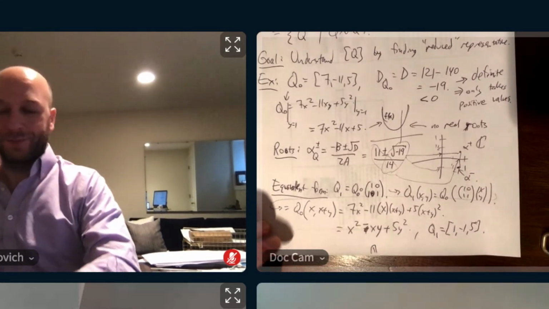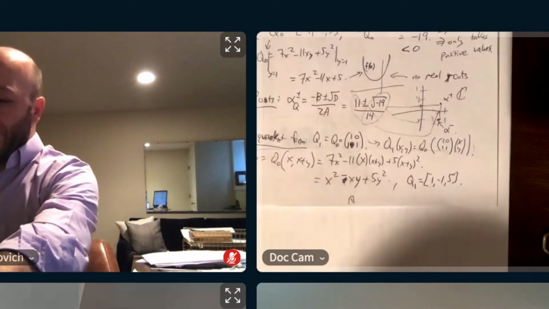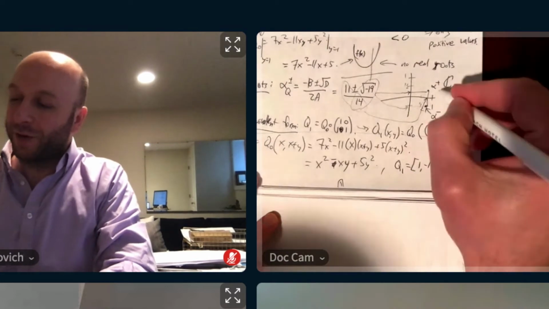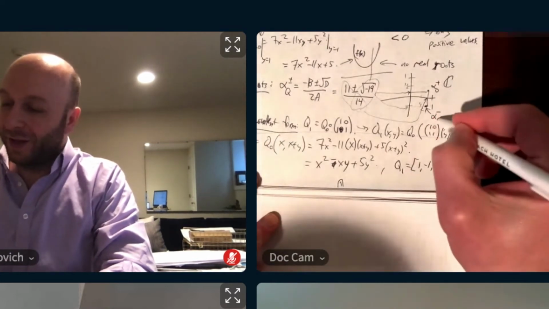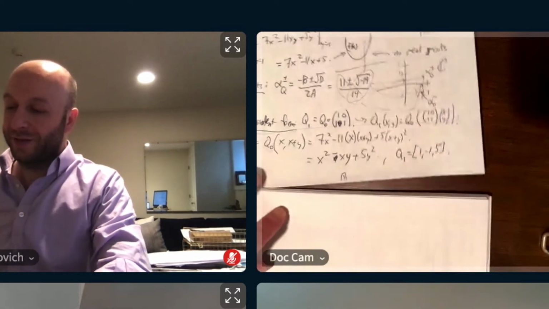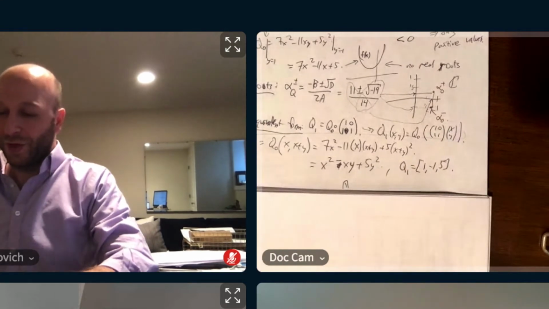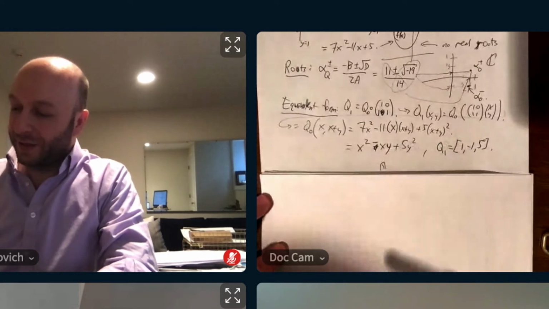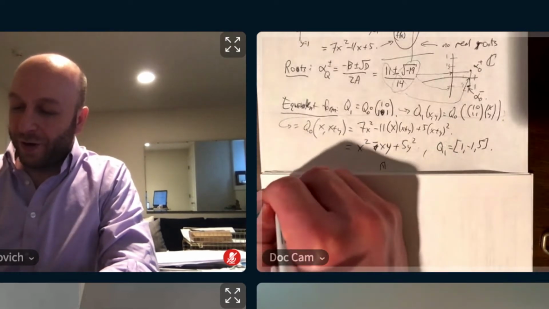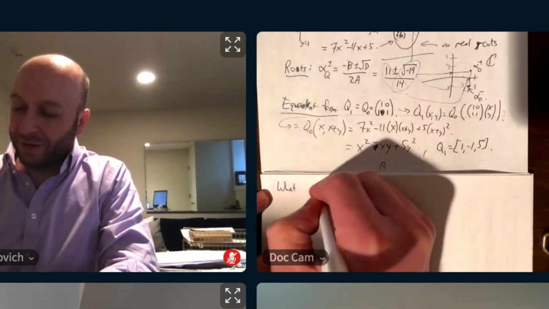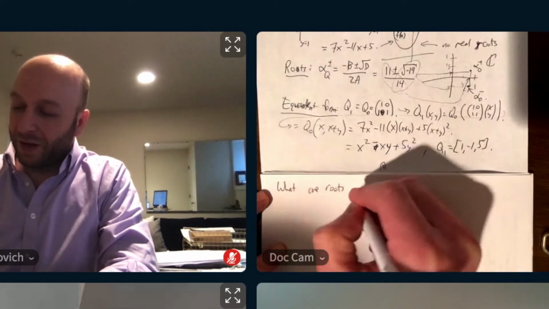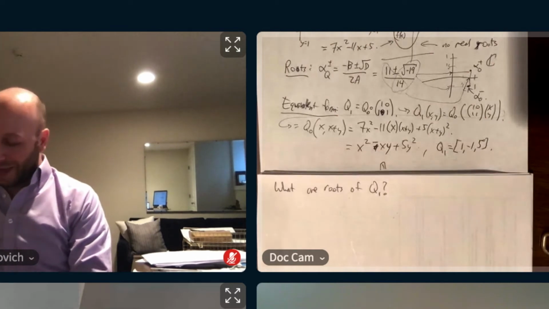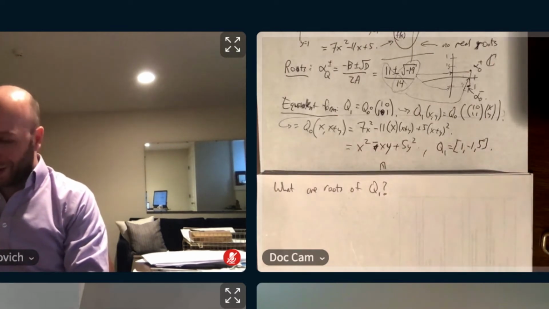Okay? And let's see what has happened to the roots. These were the roots for Q0, I'll call them alpha plus 0 and alpha minus 0. So what are the roots of Q1? Take 10 seconds, 30 seconds, whatever you need.